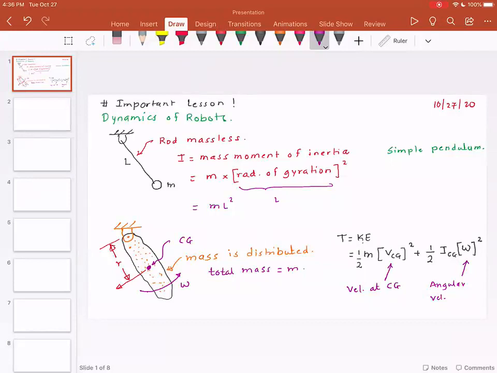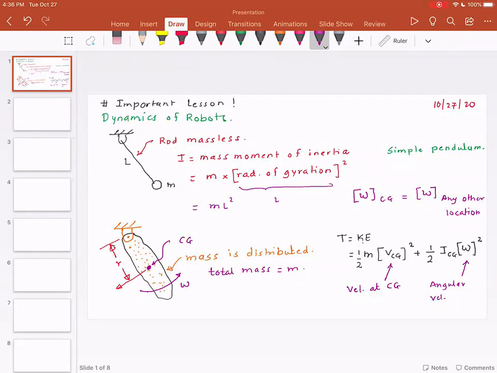Whether you consider angular velocity at CG or at any other location, it's going to be the same. So this is very important. Omega at CG is equal to omega at any other location. So the value of omega does not change.